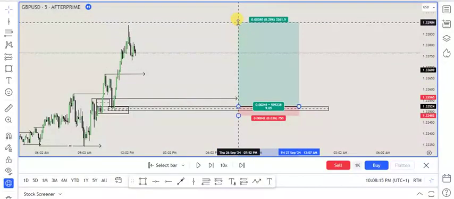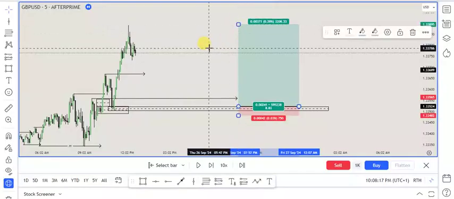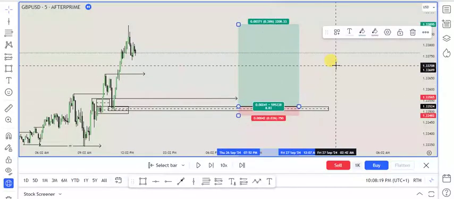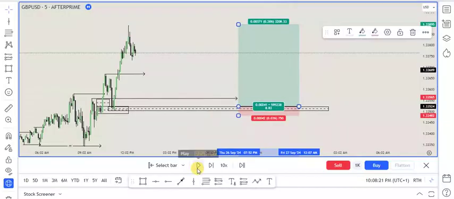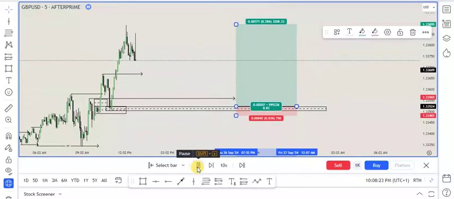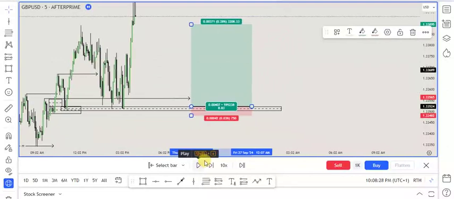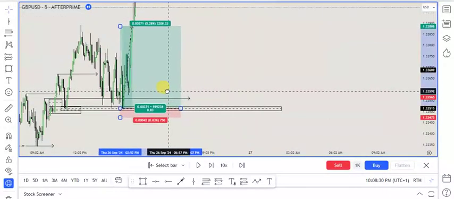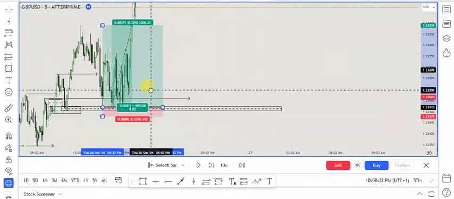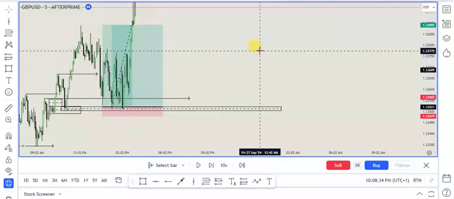I took this entry and I was really happy. I saw it, I doubled my stake and I made a lot of money here. So let's play price again. So we're just waiting for everything. Okay, see what happened. Perfect. There you go. Perfect entry.